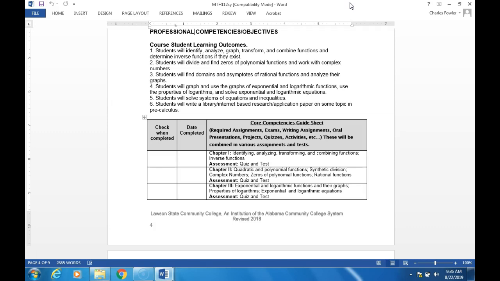As a take-home quiz, try to get it back in a week. Now, why a week? Well, 2 reasons. One, it always gives you 1 day to come back and ask questions. Like, I don't understand what you're asking here. What do you mean by this? Are you sure this is typed right? Those kinds of questions, okay?